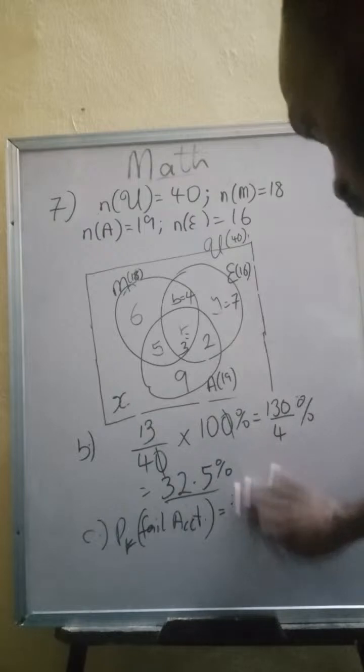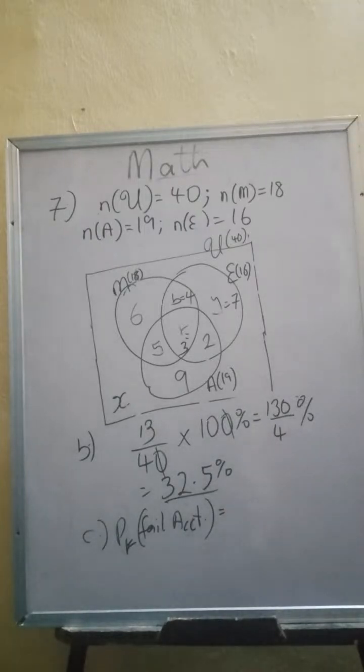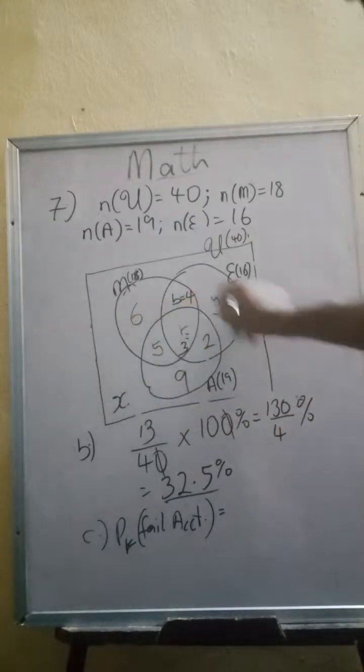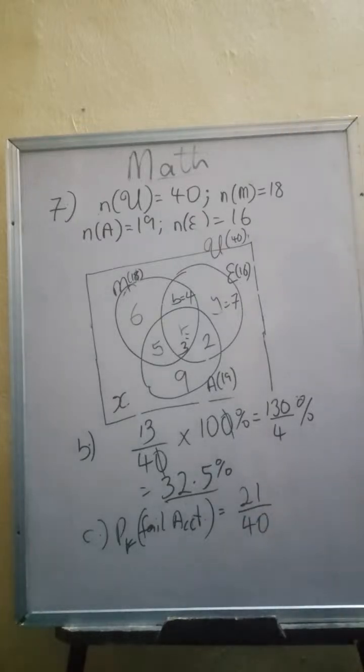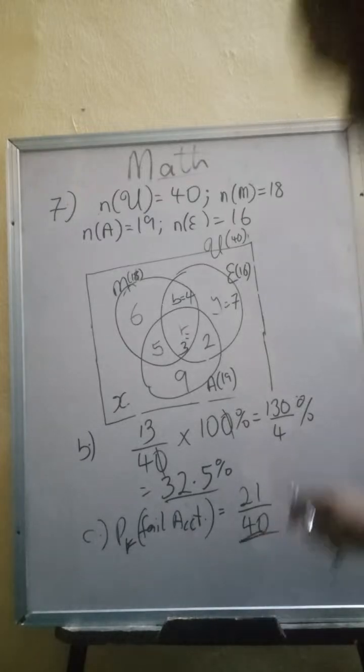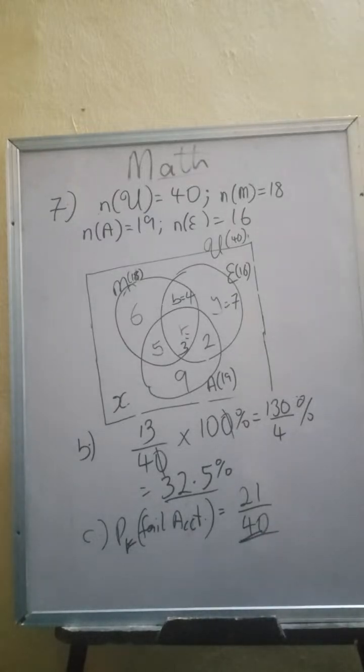So let's just add it up. We have 4 plus 6 plus 4 plus 7, that gives you 21 over 40. You could leave it in this fractional form, and you're home and dry.